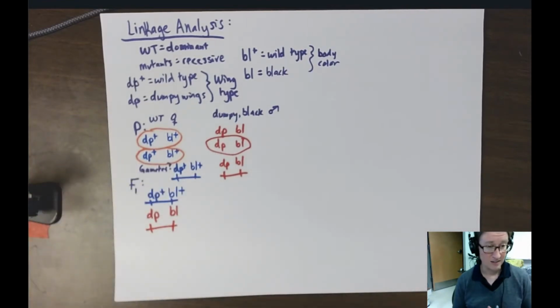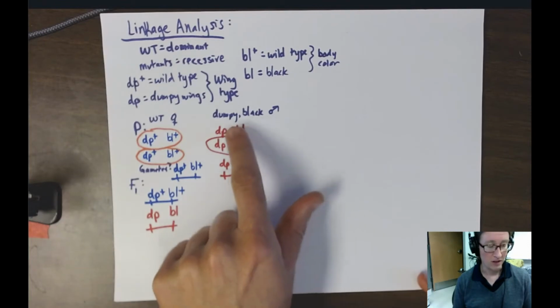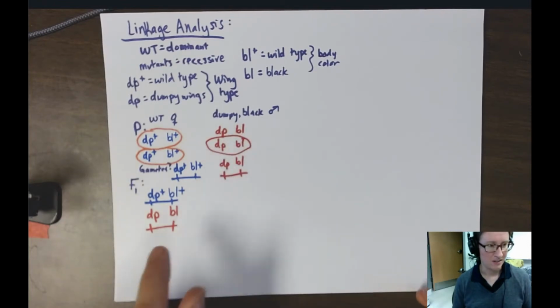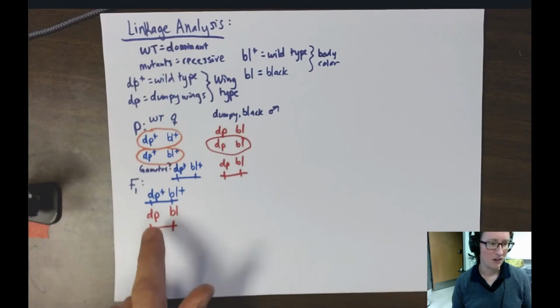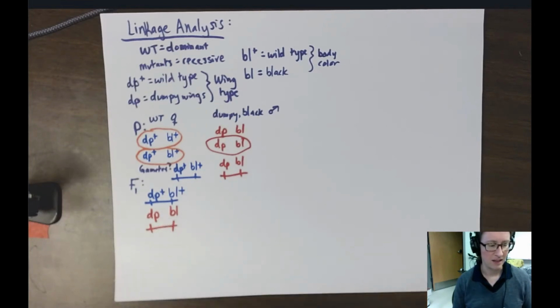Now, if we want to test the hypothesis that these genes are linked, what we need to do is conduct a test cross by crossing these offspring with a homozygous recessive individual, because that's going to give us a very useful predicted ratio of offspring in the F2 generation that's going to let us distinguish between genes being linked or genes not being linked.